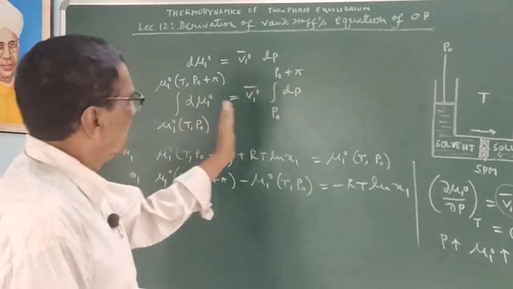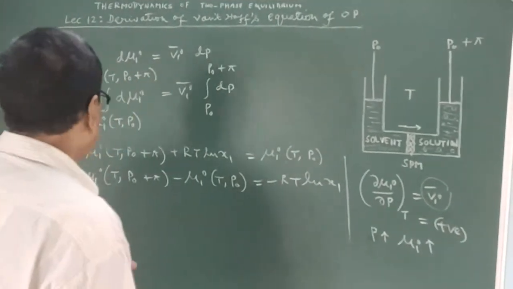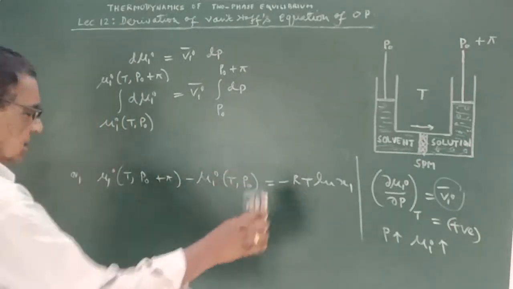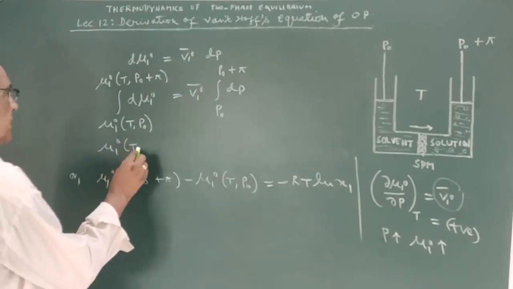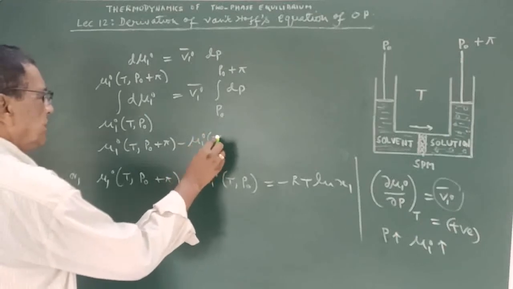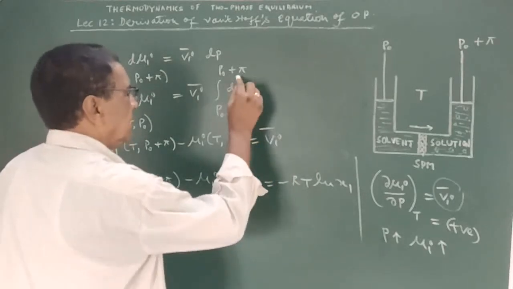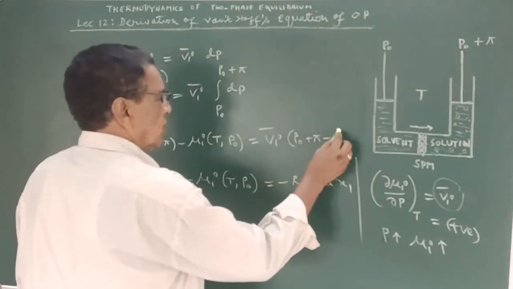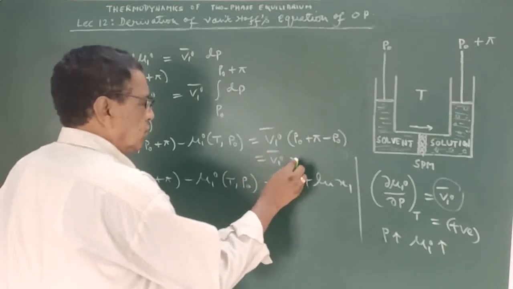So if we do this integration and put in the limits, then the left hand side is mu1 naught at temperature T and pressure P naught plus pi, minus mu1 naught at temperature T and pressure P naught, which is equal to V1 naught bar times the upper limit P naught plus pi minus the lower limit, and this is equal to V1 naught bar into pi.